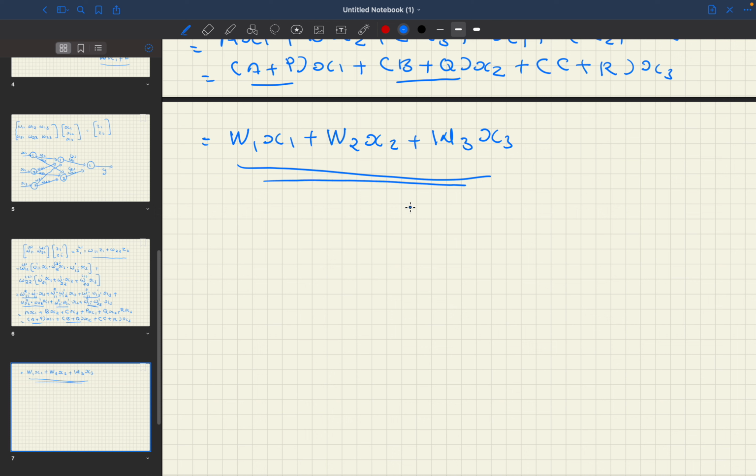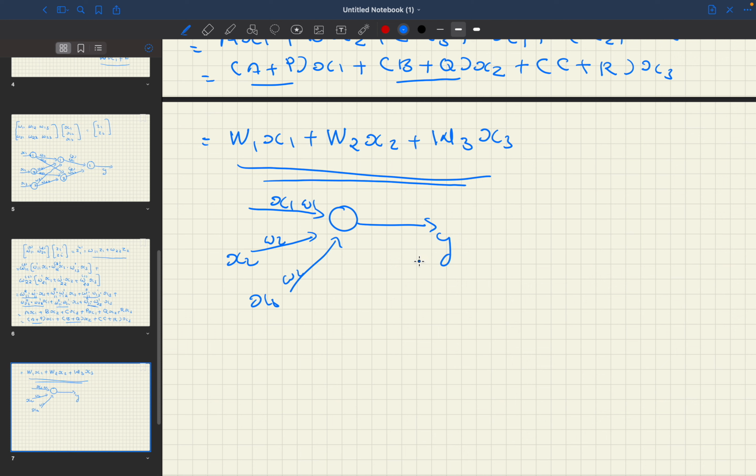This is also linear, right? So if we add any number of neurons without activation function, it will be linear. So this will be something like this: X1, W1, X2, W2, and X3, W3, and finally this will be our output.